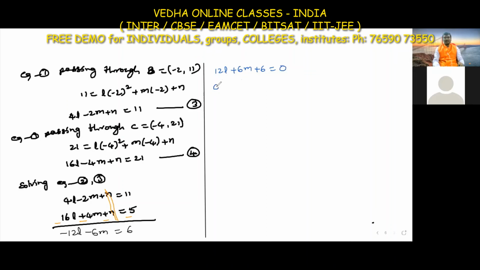We can take 6 common: 6 into 2l plus m plus 1 is equal to 0. That means 2l plus m plus 1 equals 0. Equation number 5. Now we solve equations 3 and 4.